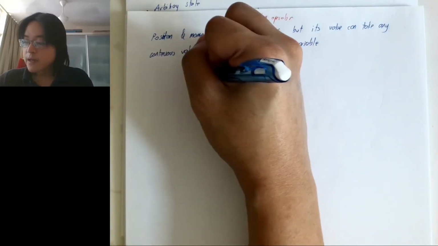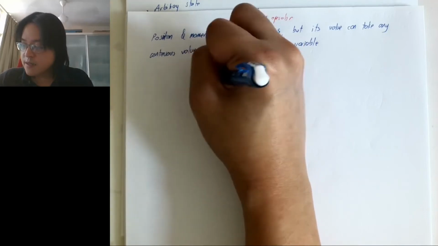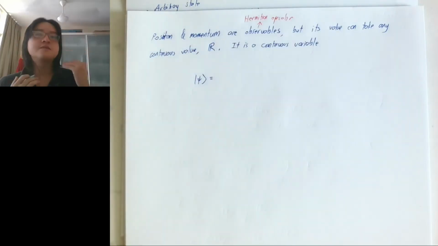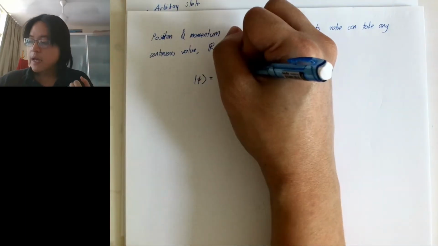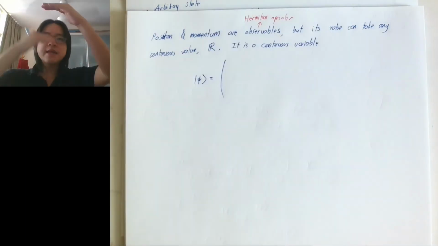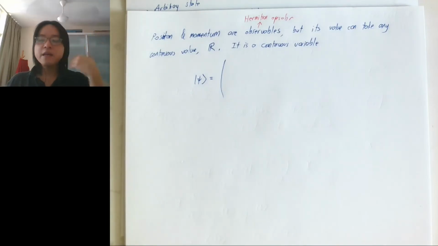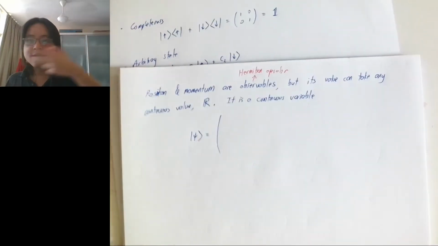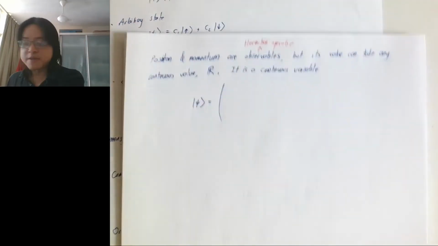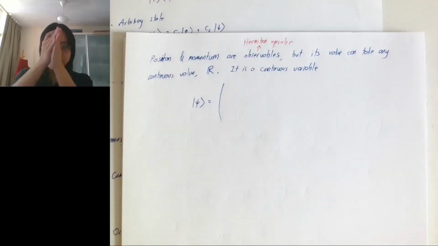How do we consider a state? Because we are still following the postulates of quantum mechanics, right? The state should be something in Hilbert space, and the state is supposed to list down all the possible values the particle can occupy. If we are talking about spin, it can either be up or down, right? So these are all the possible values, but for position, it could be anywhere, right? It could be here, here, here, here.